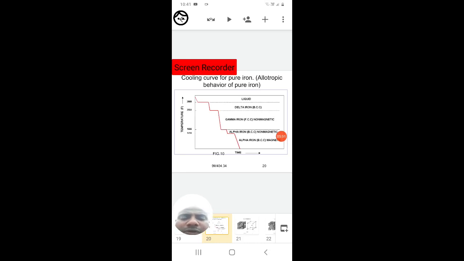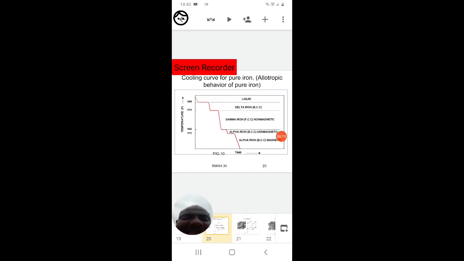Suppose you observe this cooling curve for pure iron. At different temperatures, the same iron exhibits different structures: delta iron, gamma iron, alpha iron and beta iron.